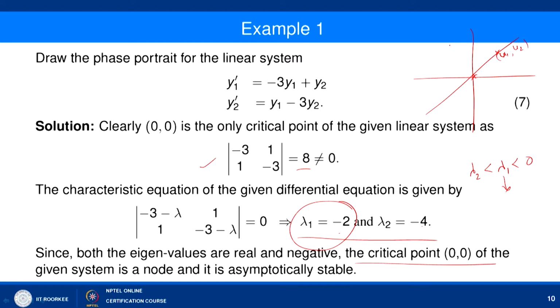It means that your solution will ultimately enter 0 along this line. Is it okay? So, the phase portrait will be like this, and the critical point 0 comma 0 is an asymptotically stable node.